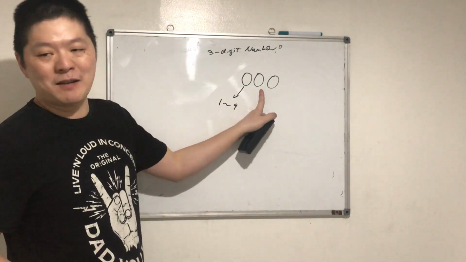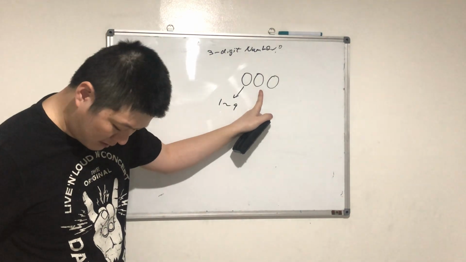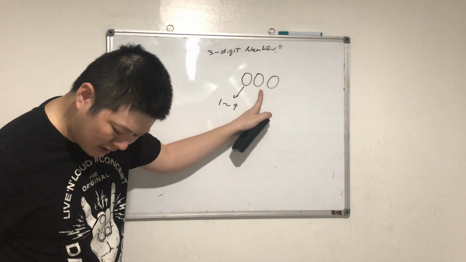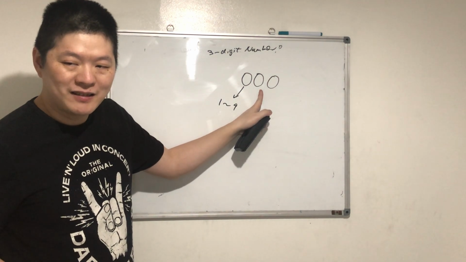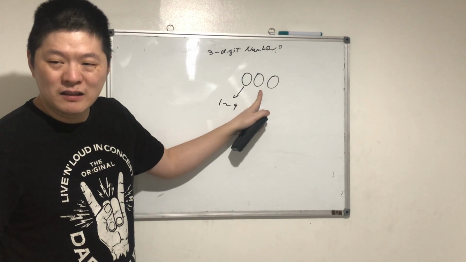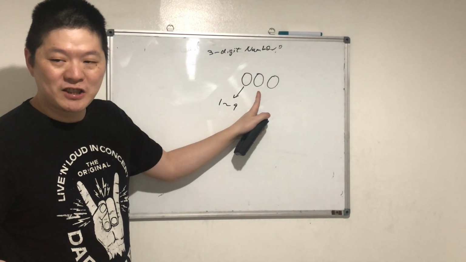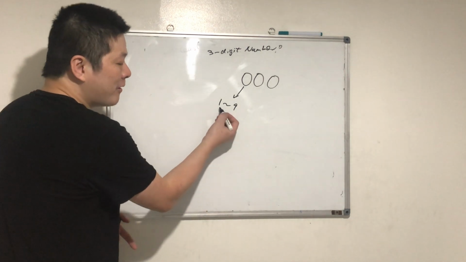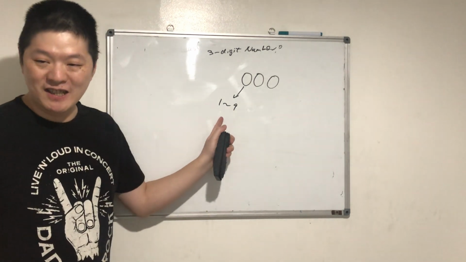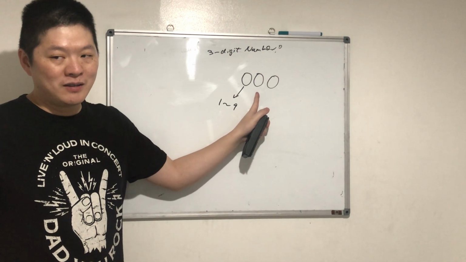The second number, how many possibilities? 10 or 9? That's for the second digit, because we have already used 1 digit for the first one. It's 9.